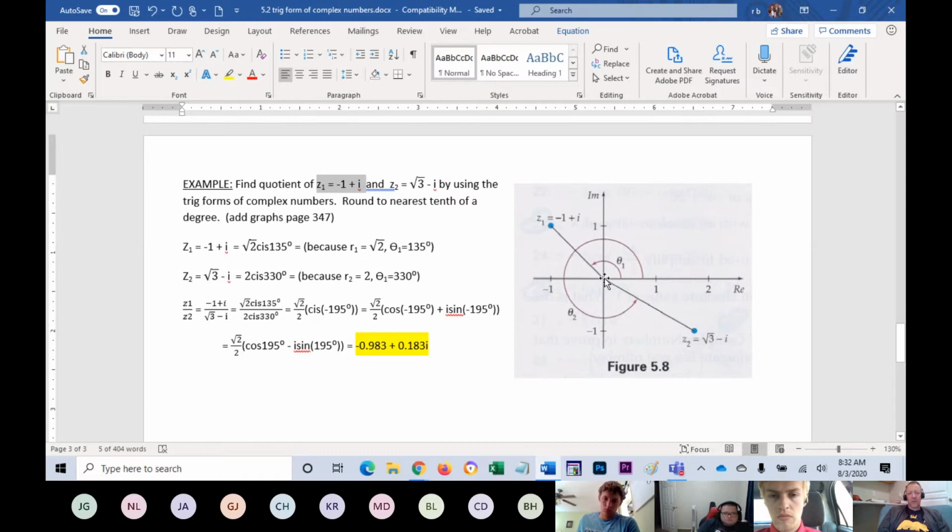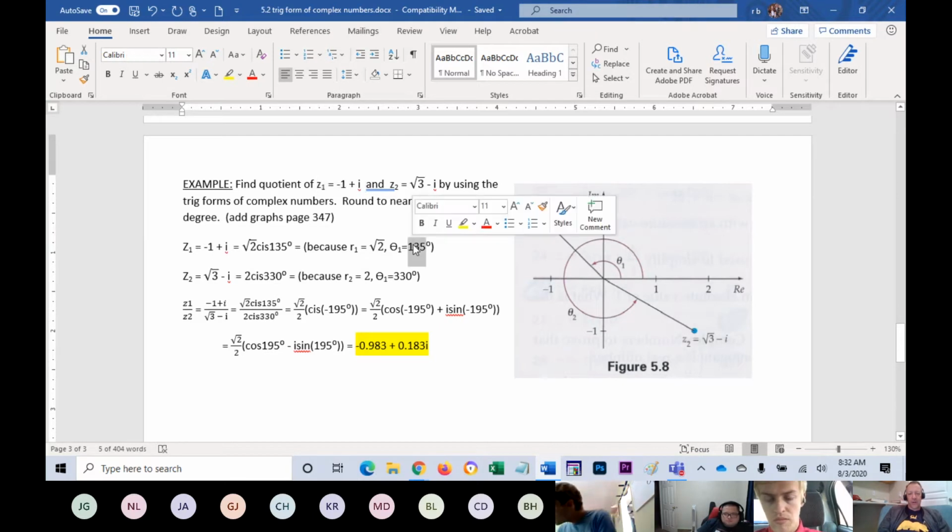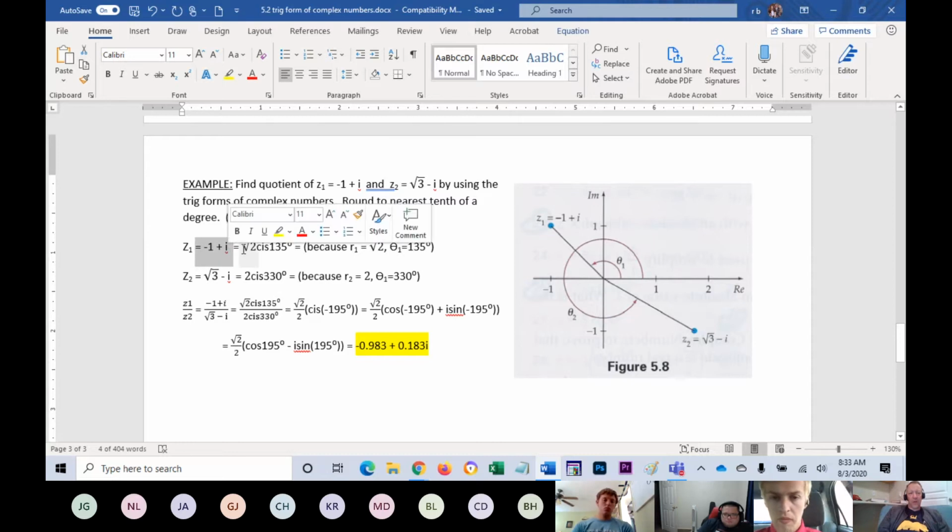Now it's probably pretty easy to see this is a 45-degree angle if this is 1 and 1, right? And so if this is a 45-degree angle and I'm in quadrant 2, theta 1 is going to be a 135-degree angle. Does that make sense? So I can rewrite -1 plus I as square root of 2 CIS 135 degrees.